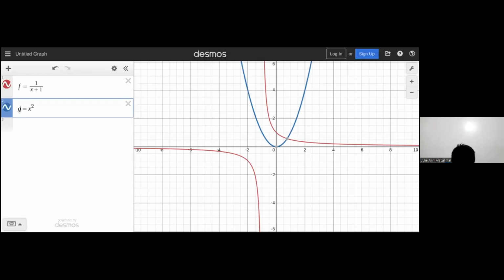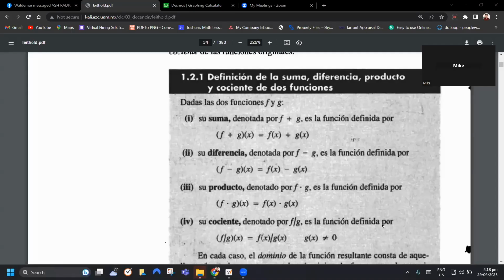Those are the main operations: sum, difference, product, quotient, and composition. Did you copy it? f is 1 over x plus 1, g is x squared. Okay, I'll stop sharing for now. So what are the sum, difference, product, quotient, and f circle g?